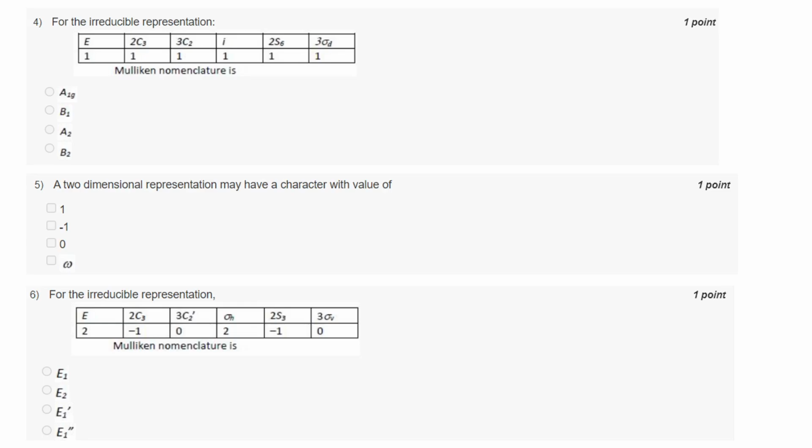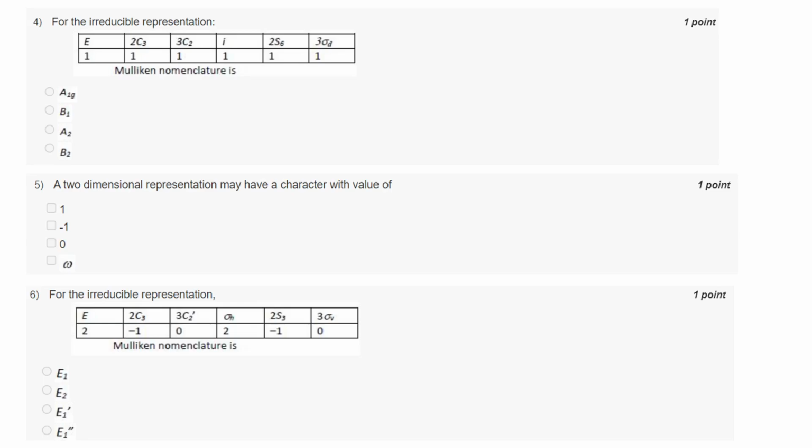We have to give the Mulliken nomenclature of that. First of all, what is the character of the identity operation? One. So it could be either A or B, obviously, as there are only A and B options. Now tell me about the second one. What is the principal axis? C3, right? So according to C3, it is symmetric.